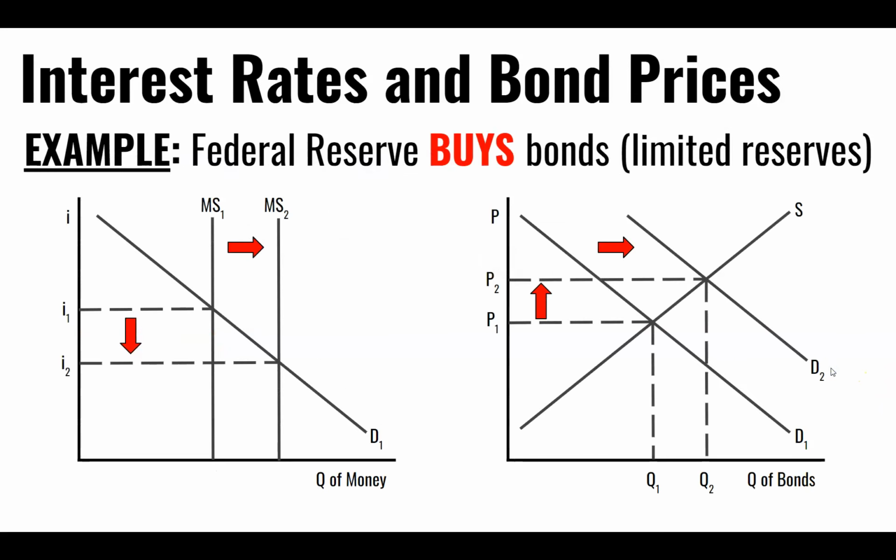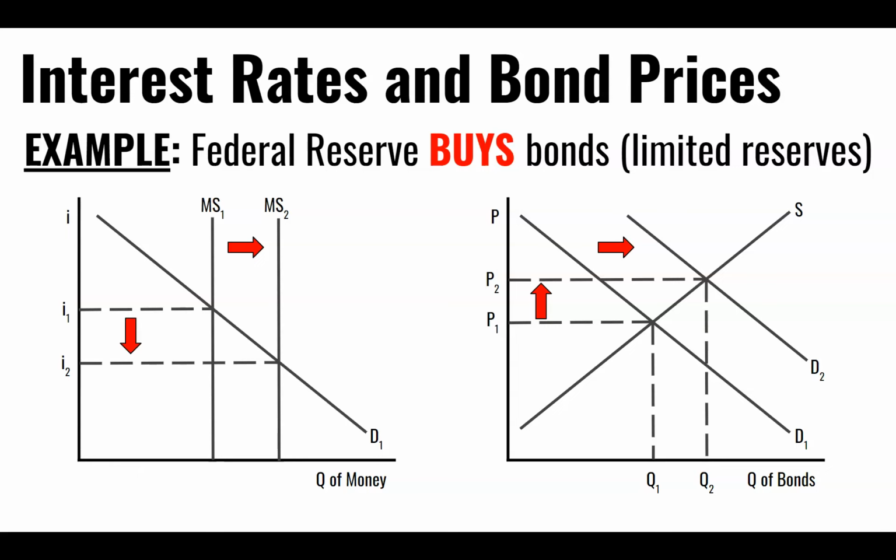We could look at it graphically as well. We could say if the Federal Reserve chooses to buy bonds, the result of buying bonds is that they are going to infuse money into the banking system. That's going to cause the money supply to increase. Interest rates will fall. In the market for previously issued bonds, the Federal Reserve is stepping in and buying more than before.